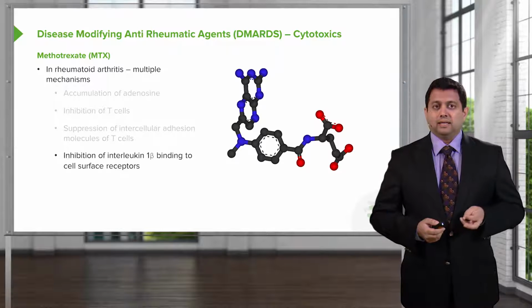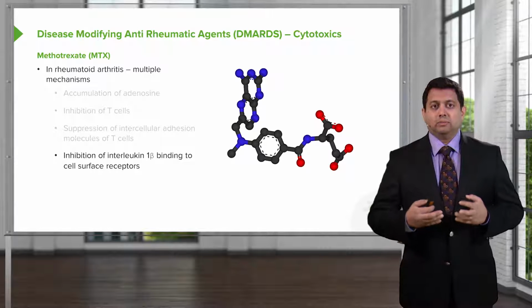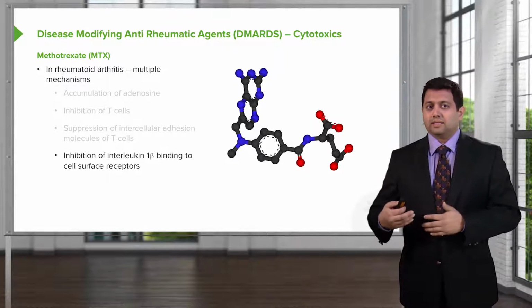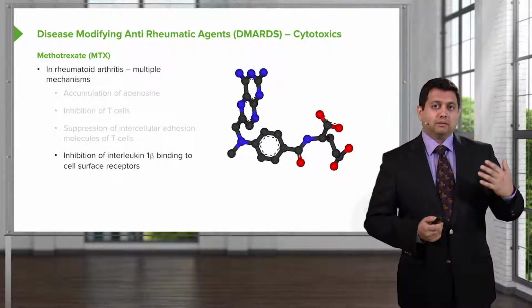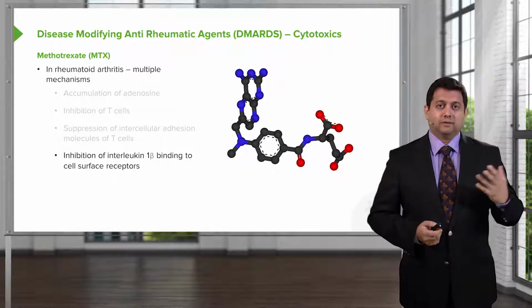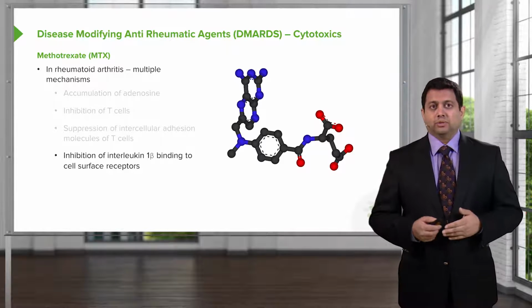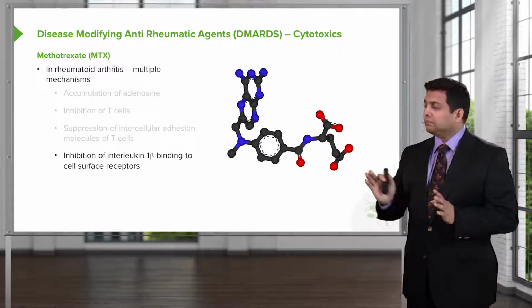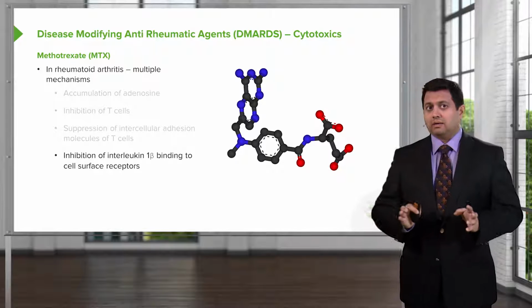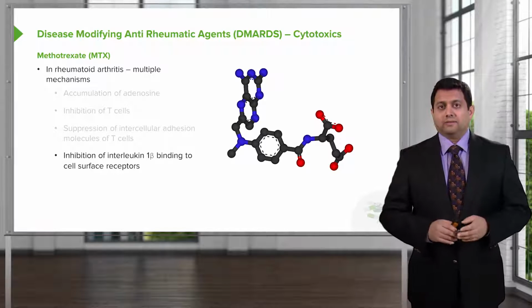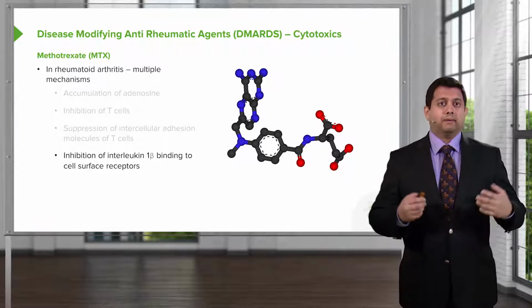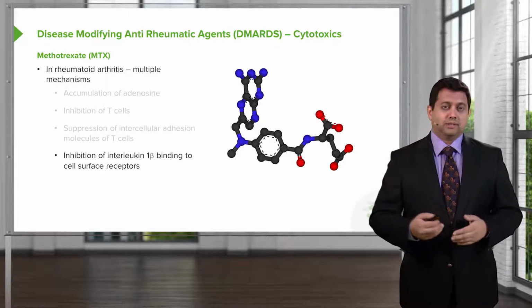And finally, it inhibits interleukin-1 beta binding to the cell surface receptors, which is the primary mechanism of how inflammation is occurring in rheumatoid arthritis. So there are multiple ways that methotrexate is working in RA that make it a very effective anti-RA drug. Methotrexate is also used in other diseases as well.